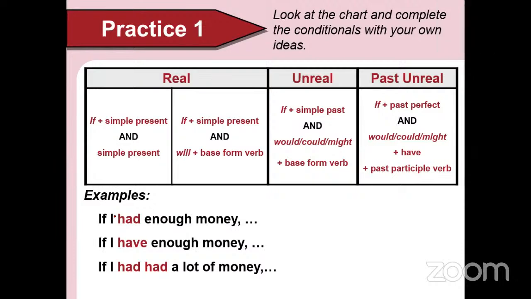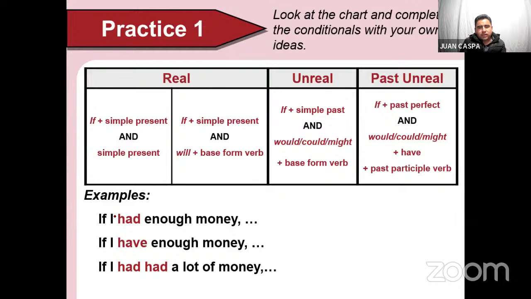The first, if I had enough money, I might buy a sport car. Yes, I might. If I had enough money, I might buy a new car, something like that, right? Might, yes. Plus base form of the verb. Very good. How about the second one, Noelia?